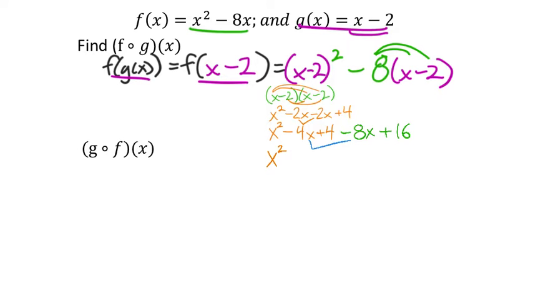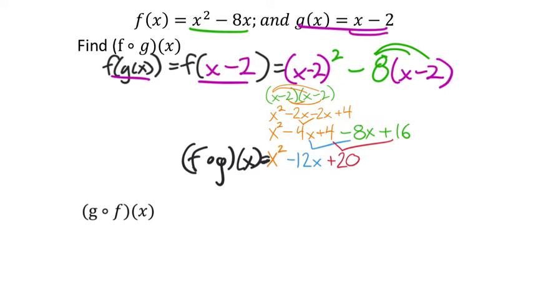We've got a negative 4x and a negative 8x to be negative 12x. And then we have the 4 plus 16, which is positive 20. So this means that what we started with, which was f of g of x, equals x squared minus 12x plus 20.